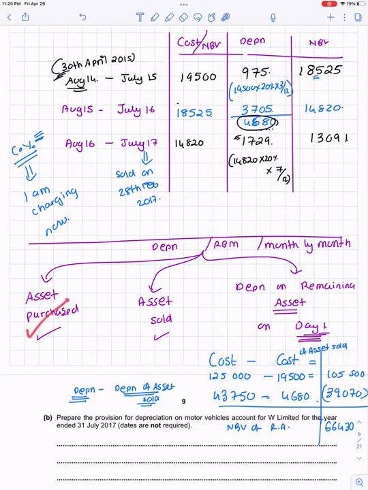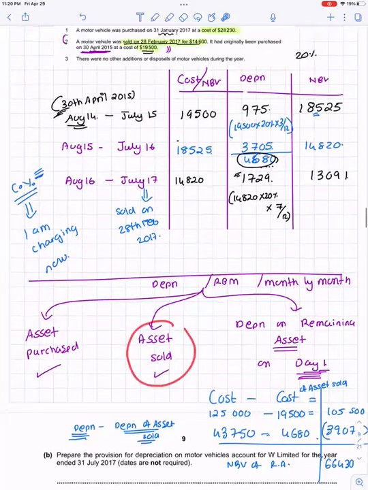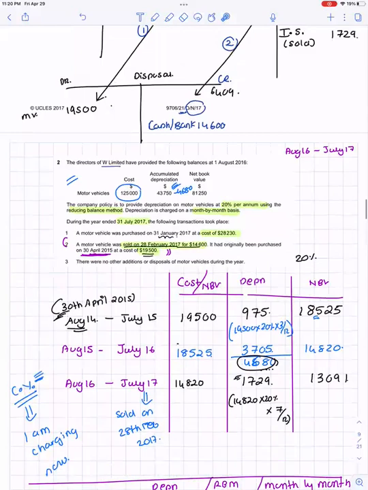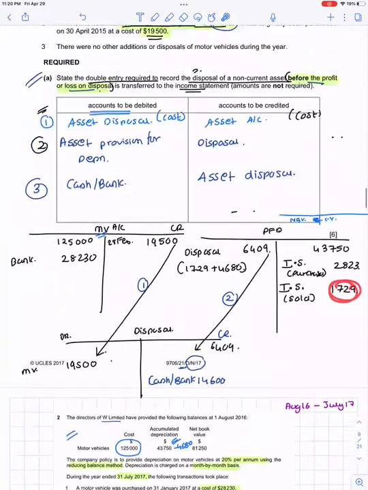Assets purchased separately, assets sold separately, remaining assets on day 1 separately. But what you're selling, you won't take current year. I calculated it separately, right? Yes. Now I want the remaining assets.